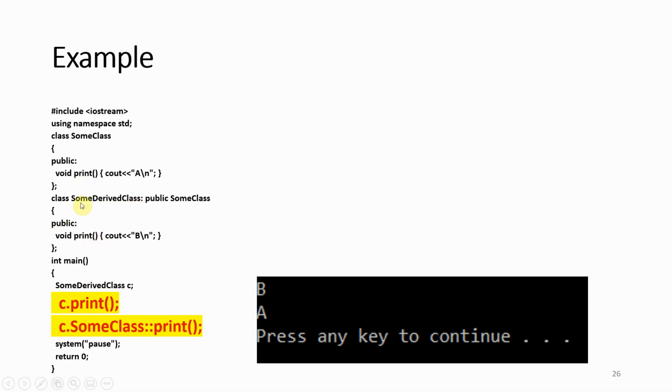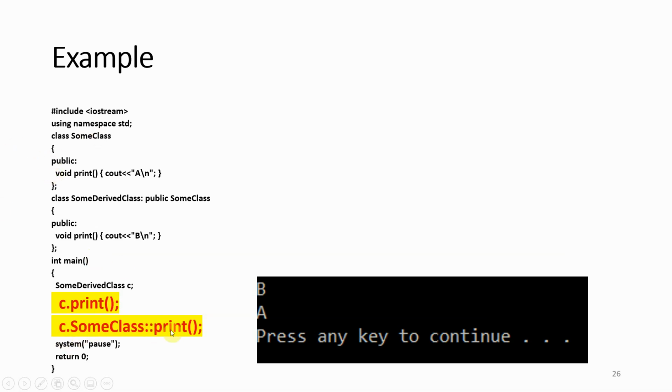This one actually has two print functions, one derived from the base and one defined in the child class. If we instantiate an object C of this child class, C.print is going to call this one.